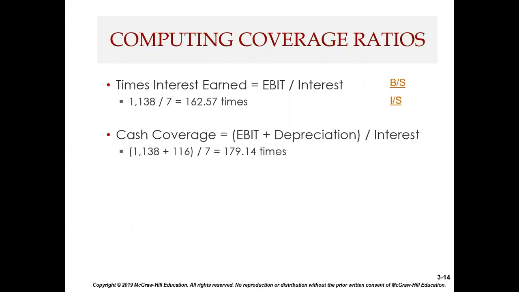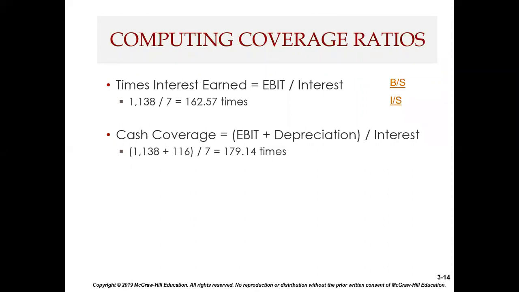So now we're going to continue looking at the common financial ratios used to assess the financial health of a company. We've already looked through some short-term solvency or liquidity ratios, the current ratio, the quick ratio, the cash ratio, net working capital to total assets, and interval measure.